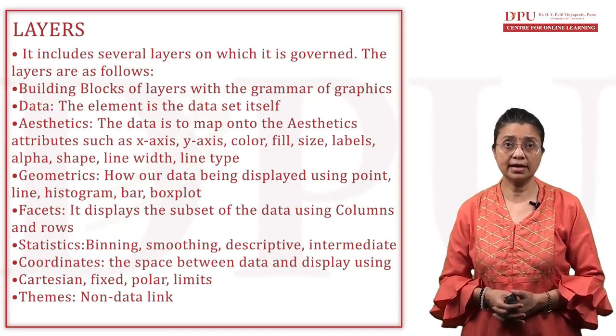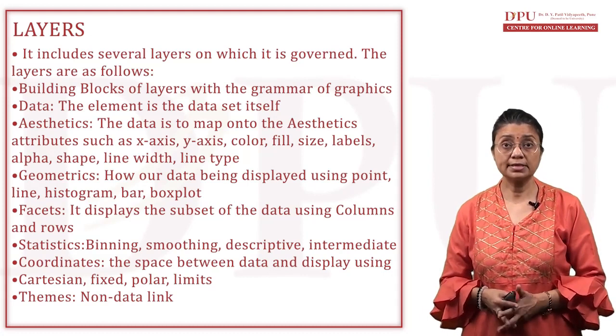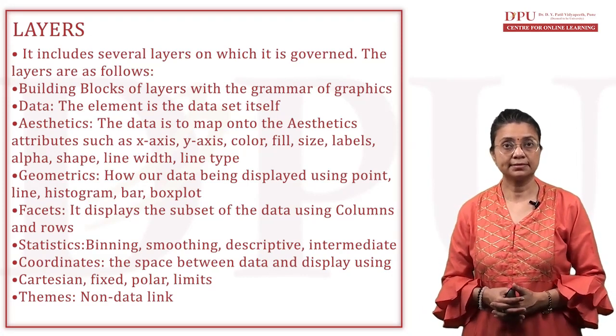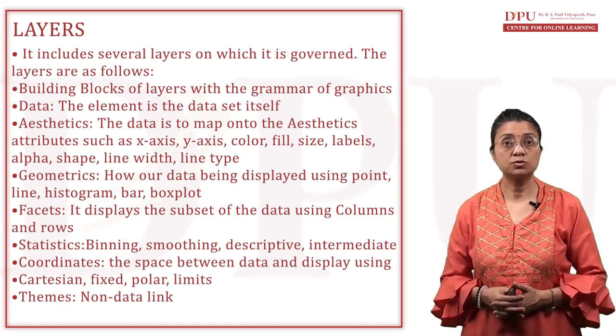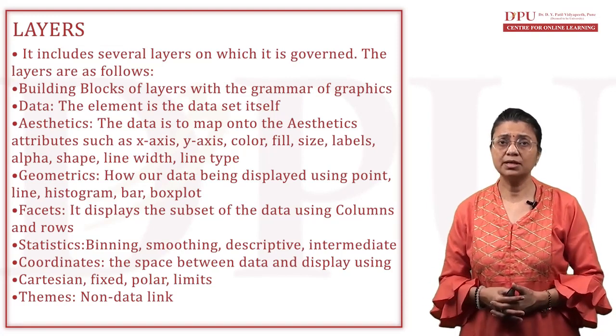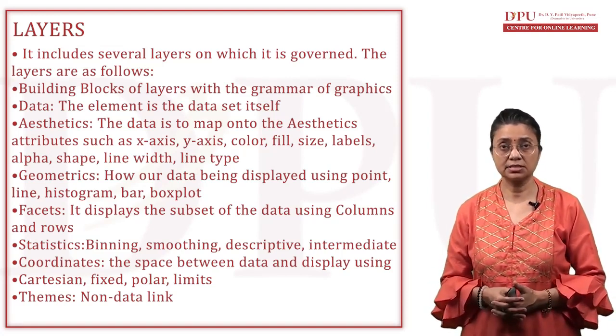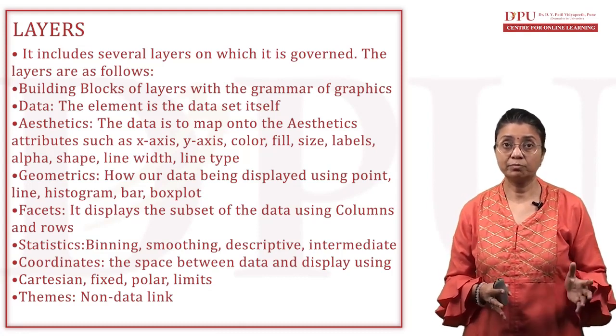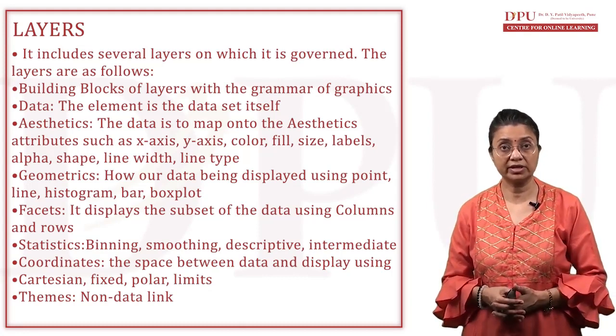Facets. Facets are basically to display subsets of the data using columns and rows. Statistics, which is basically binning, smoothing, descriptive, and intermediate. We all have seen binning. What is binning in statistics? Binning is basically when we are setting the range of data and a particular value is lying in a particular range.